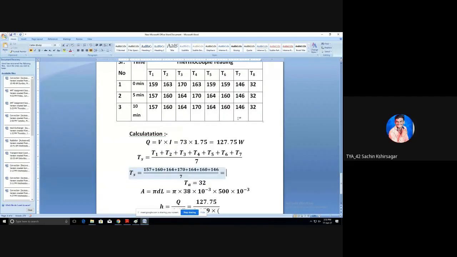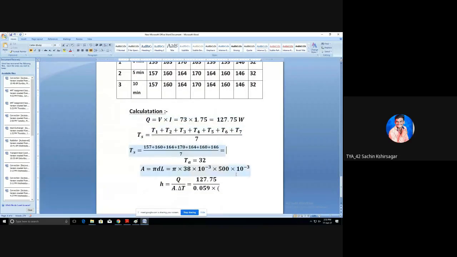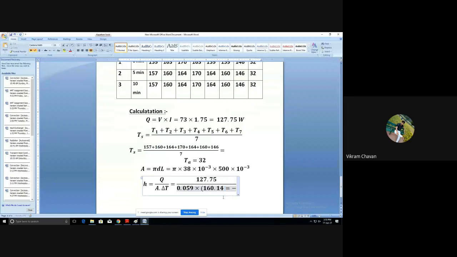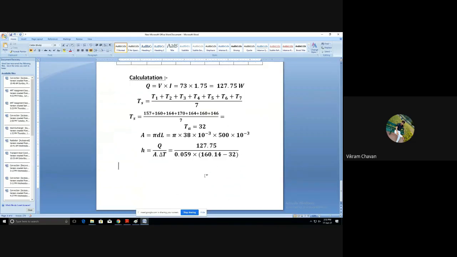Okay, then Ts is equal to 160.14, minus 32. Now calculate the h according to Newton's law of cooling.